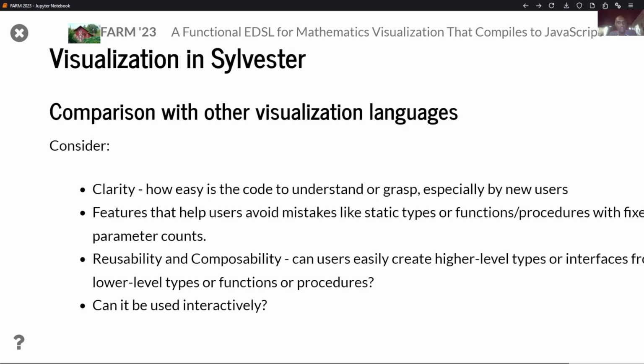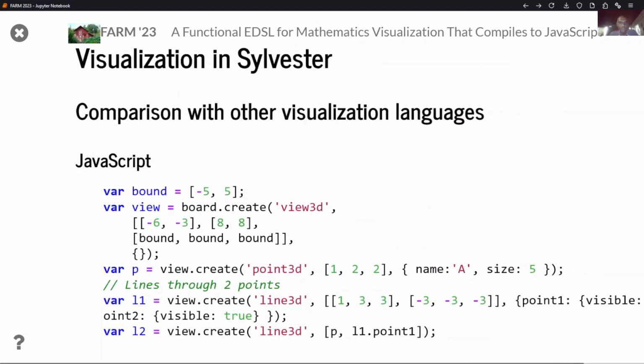Can users easily create higher-level types and interfaces from lower-level types or functions and procedures? That's something that I think is really missing from most visualization languages and libraries today. And of course, how they can be used interactively. Certain languages like MetaPost, you can't use interactively. They're not really for creating interactive visualizations.